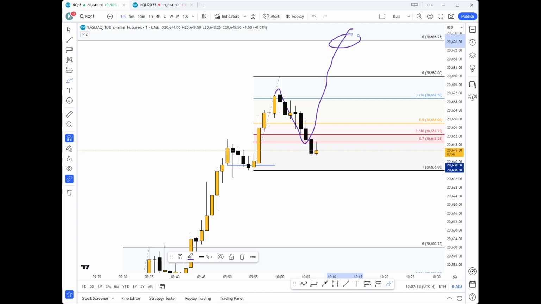Again, don't need to be early. You want some sort of buying pressure. You want to see if it closes above this 51.